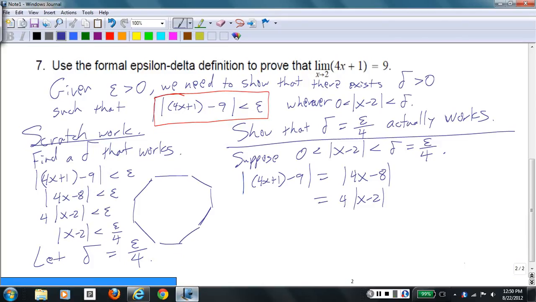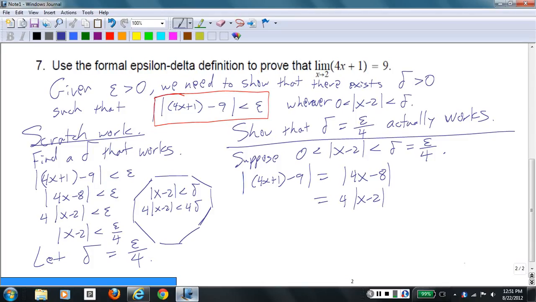Anyway, whatever shape that is, what we need is this. Suppose we know the absolute value of x minus 2 is less than delta. That's what we're assuming. What happens when we multiply both sides by 4? Four times the absolute value of x minus 2 is less than 4 times delta.